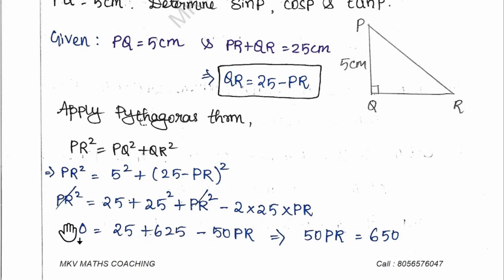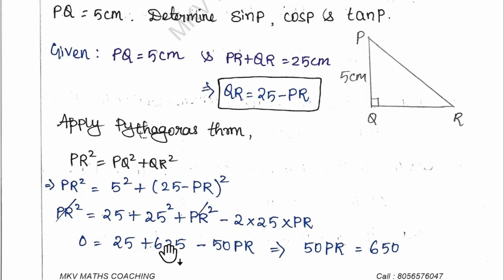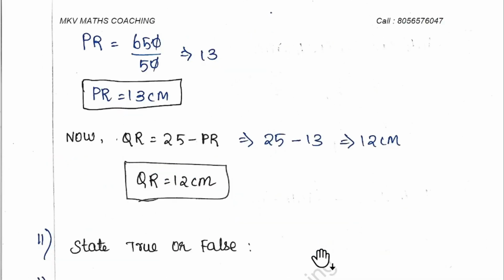Now if you send this PR square to that side, PR square minus PR square, which is 0, in the left hand side. So here 25 square is 625 minus 50 PR. So if you solve, 625 plus 25 is 650, and minus 50 PR, I'm sending that side, so plus 50 PR. So you'll be getting PR value as 13.